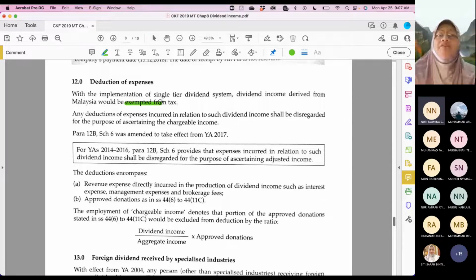From that 100,000, 80,000 or 80% of the loan is used for business purposes, and the balance 20%, which is 20,000, is used for investment in another company. After some time, they receive a dividend income from the investment in another company.